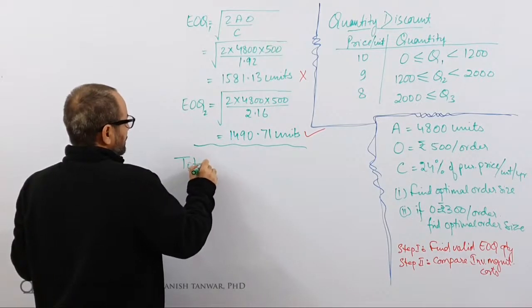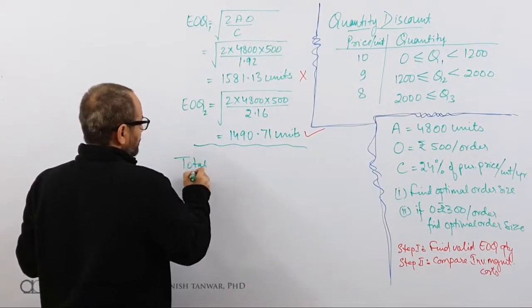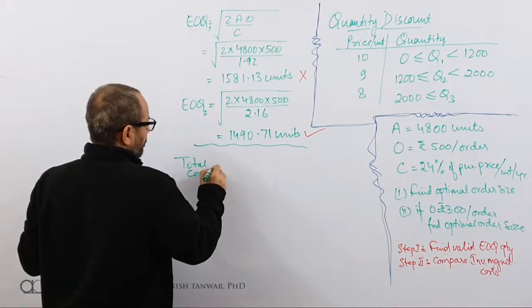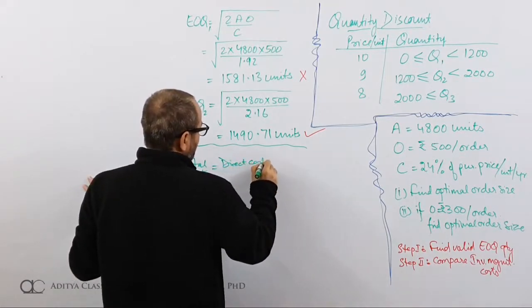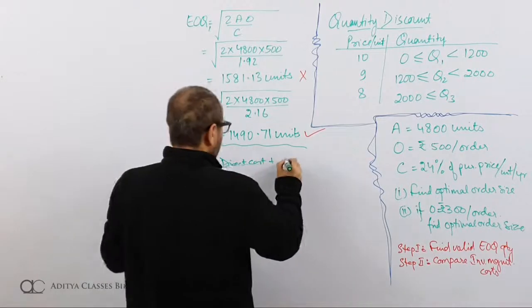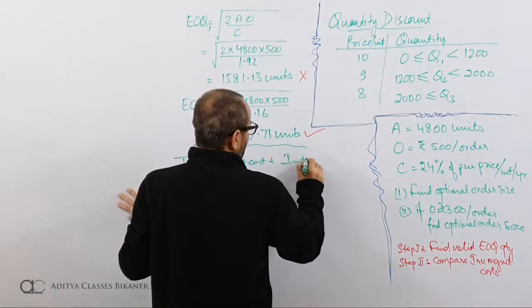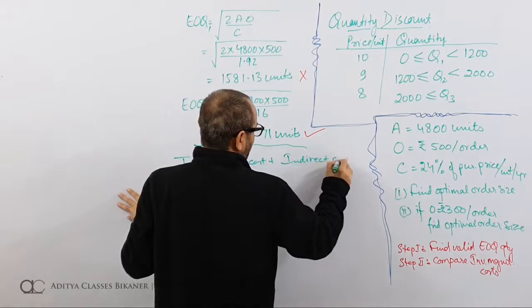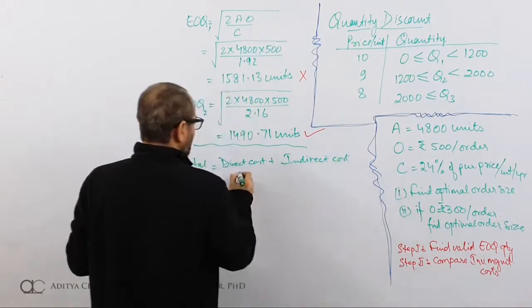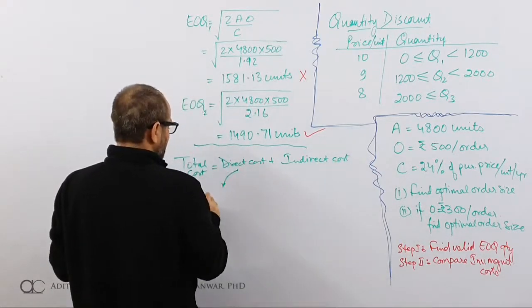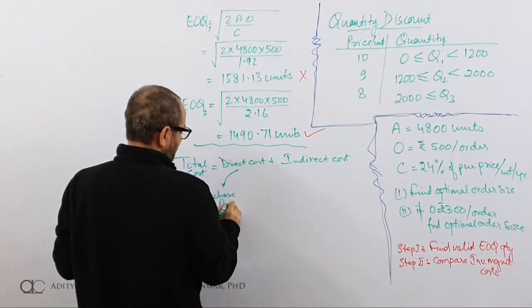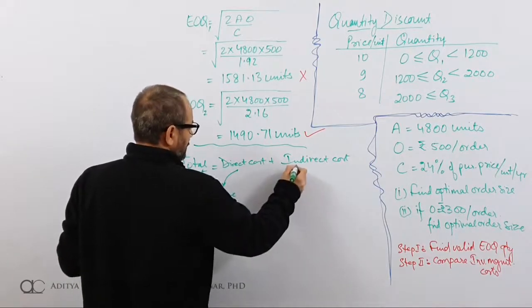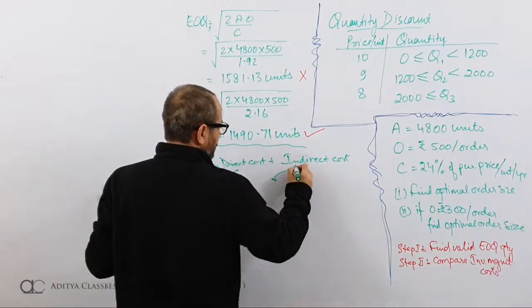Now let us understand the concept of cost. Total cost is direct cost plus indirect cost. This direct cost is basically purchase price, and this indirect is split into 2.